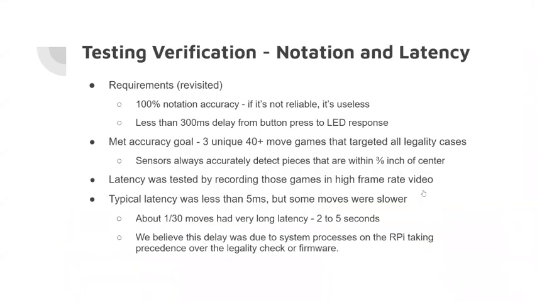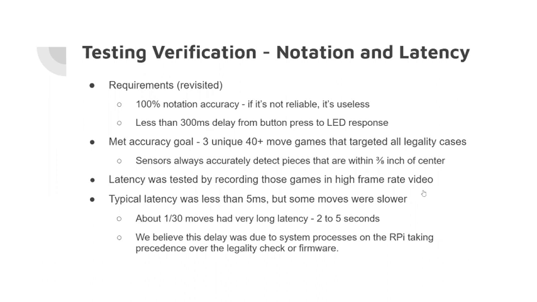So after we had built the system, we needed to test all of it to make sure that we had met our quantitative requirements. For the notation and latency, our requirements were that we want 100% notation accuracy, because if it's not reliable in its notation, then it's not effectively useful in replacing human notation. And for the latency, we want less than 300 milliseconds of delay from the button press to the LED response.